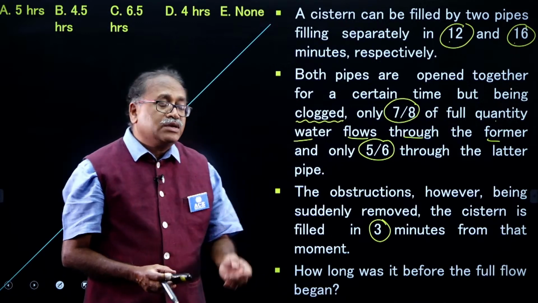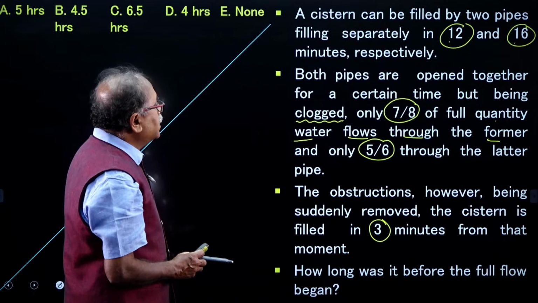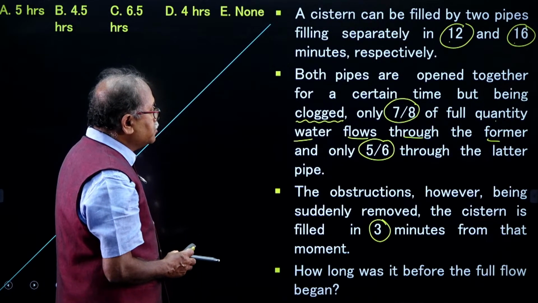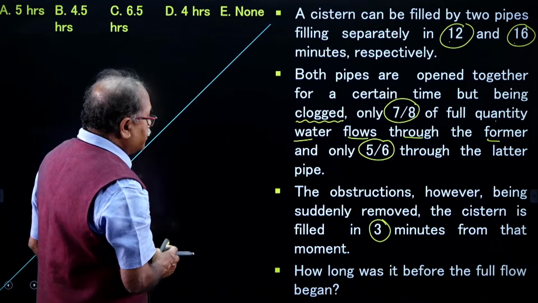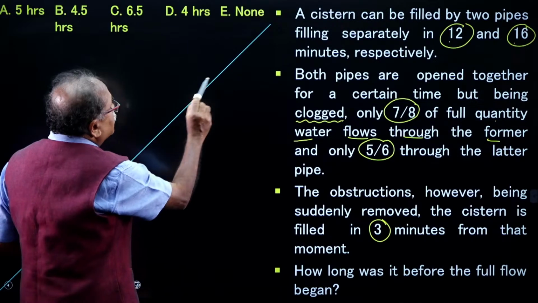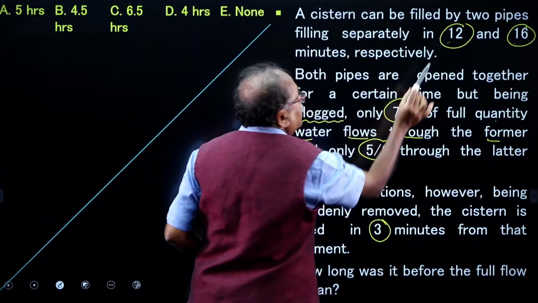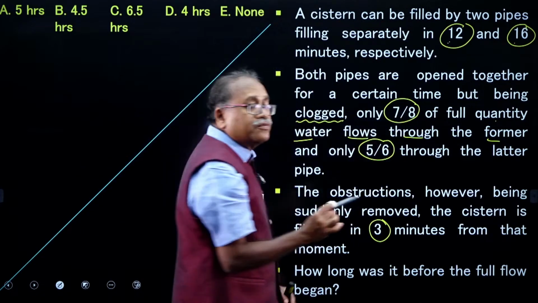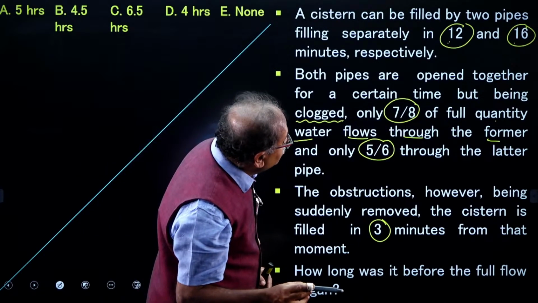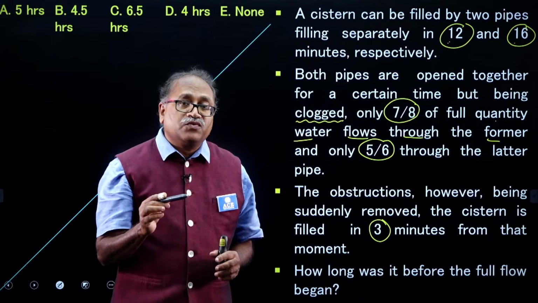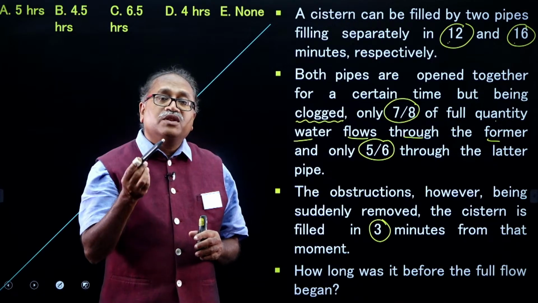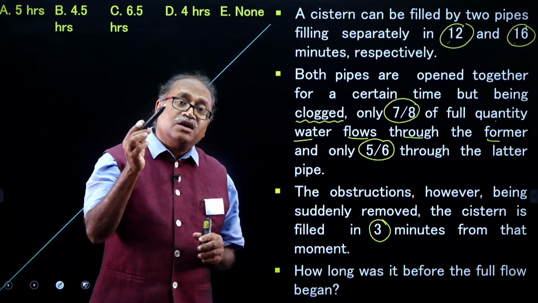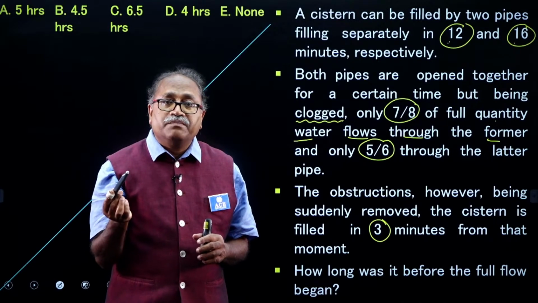Okay. I will give the start to you, and the starting point goes in this way. It has to fill in 12 minutes, but 7/8 of the water was flowing. Therefore, the time will be the reverse of that, 8/7 of the original time.